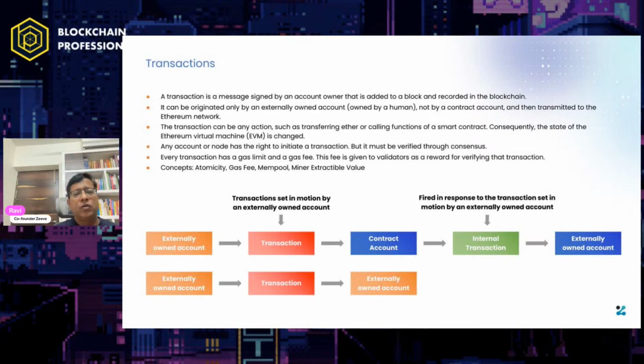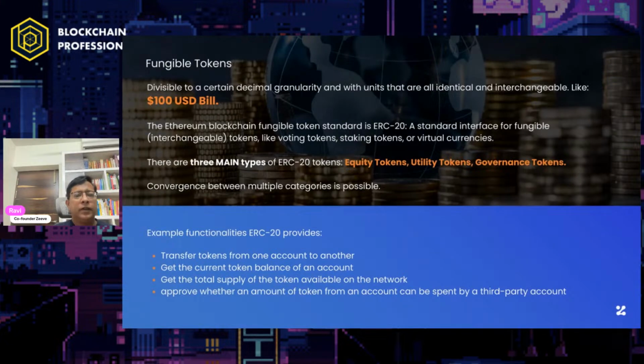So they will try to include transactions, or they will sequence the transactions so that they can maximize the profitability for each block that they write on the blockchain. So these are some of the pieces when we talk about transactions in DeFi.